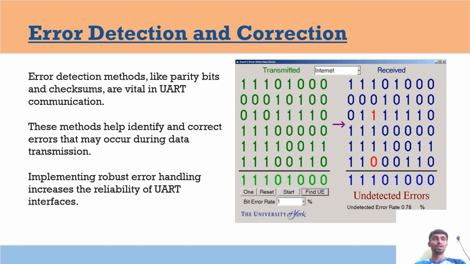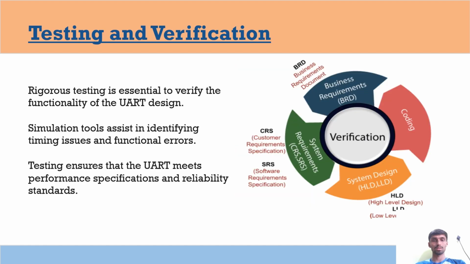And this is error detection and correction in the VLSI design of UART. Error detection methods like parity bits and checksums are vital in UART communication. These methods help to identify and correct errors that may occur during data transmission, and implementing robust error handling increases the reliability of the UART interface.